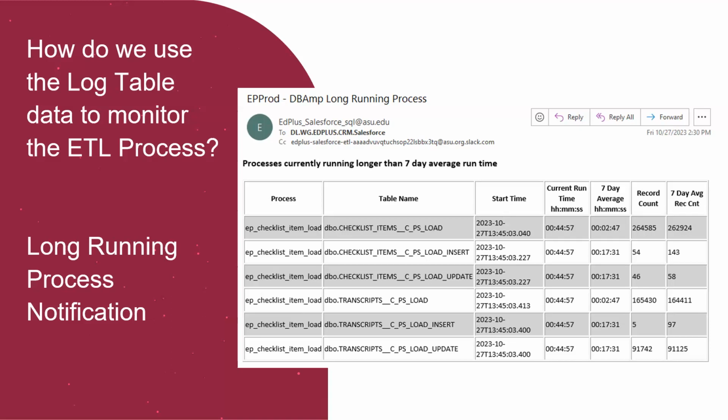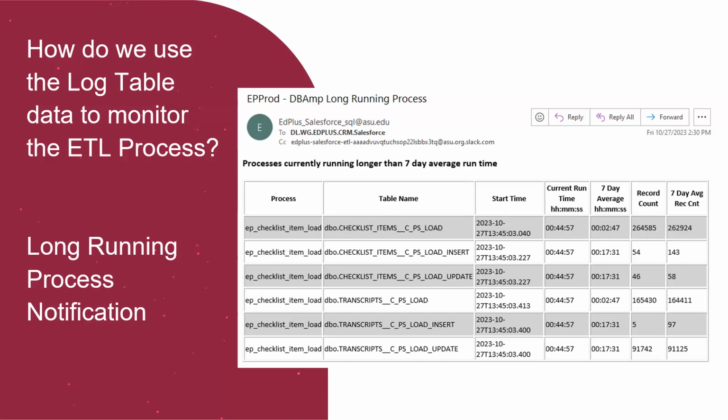This is an email that monitors the log table. If a process is running longer than the 7-day average, then that process shows up in this email. And then we can look at the 7-day average record count to potentially identify a spike, to see if that's potentially the problem.